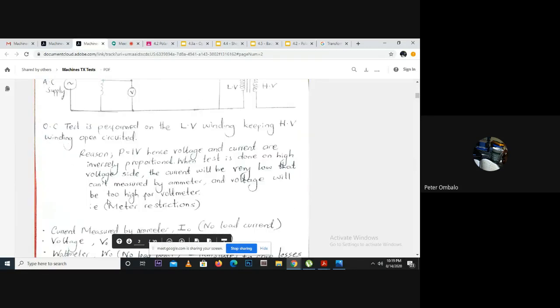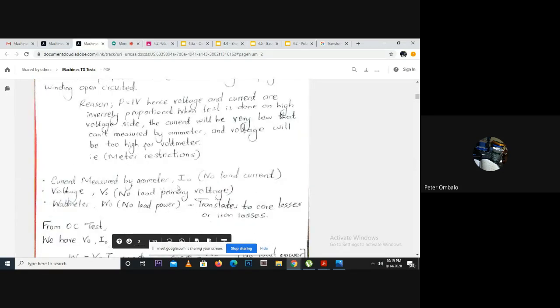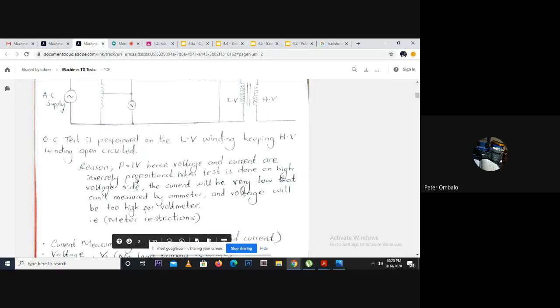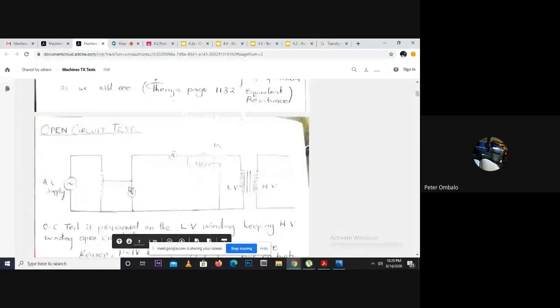So the current measured by the ammeter, I naught, also referred to as the no load current, is pretty much the current that is going to drive the core losses. The voltage across the input is called the primary voltage.